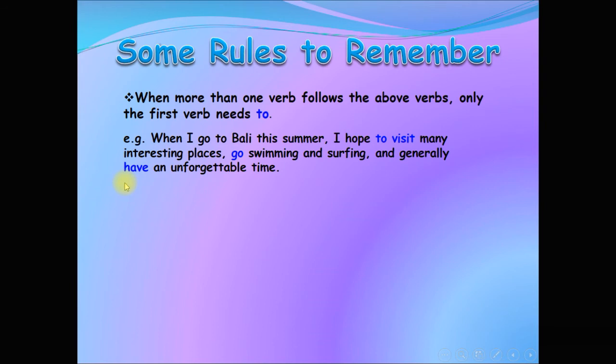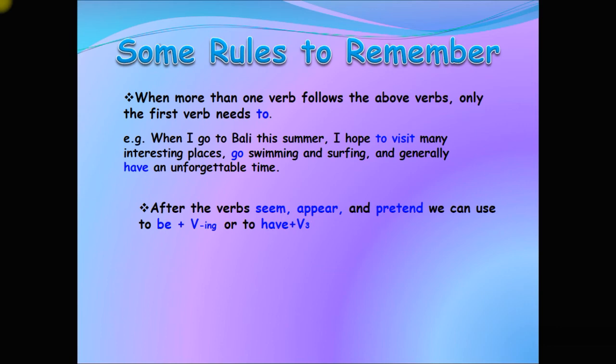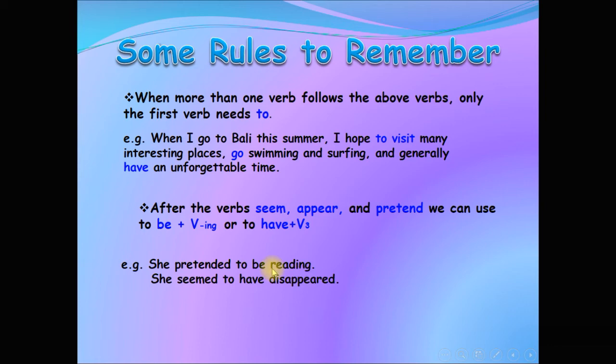After the verbs seem, appear, and pretend, we can use "to be" plus verb-ing or "to have" plus past participle. For example, she pretended to be reading. She seemed to have disappeared. So we can use the pattern like this. What does it mean?